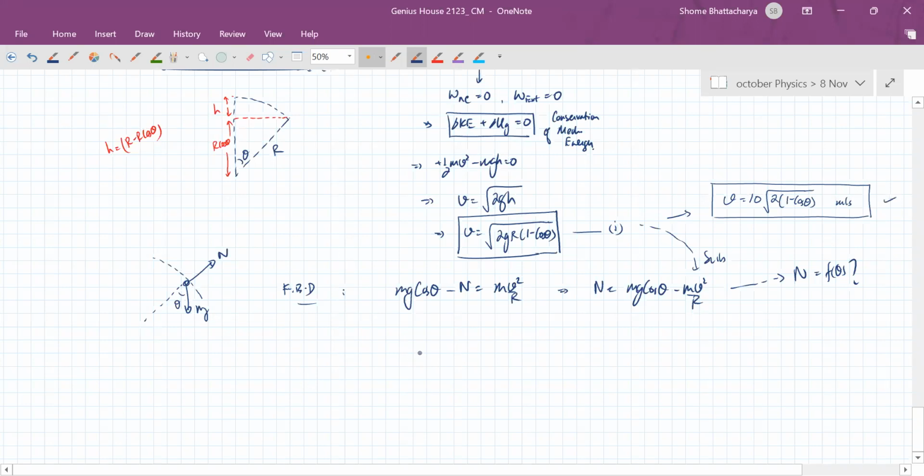Now for the second part, you can see that from here, the normal reaction is mg cos theta minus, so you can see this will become 2 mg into 1 minus cos theta, or take mg common, we have 3 cos theta minus 2.